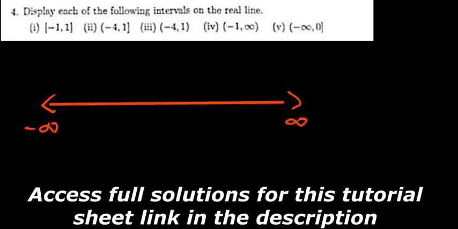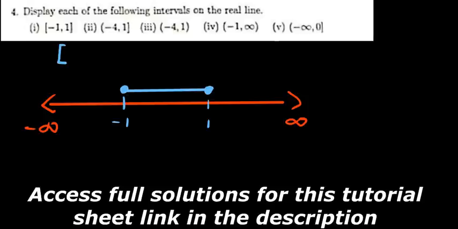Then in this number line we have been told that we have negative 1 and 1. They are using crossed ones, so they are included. Then I just join this line. That is what we have, guys.